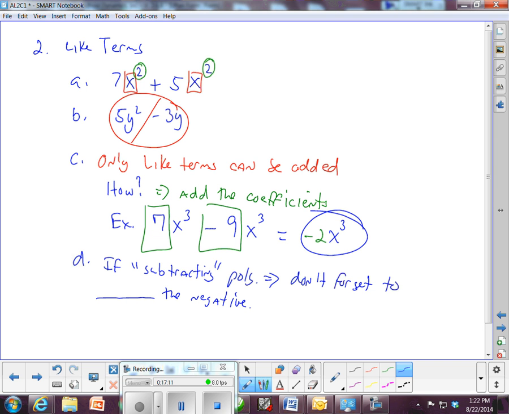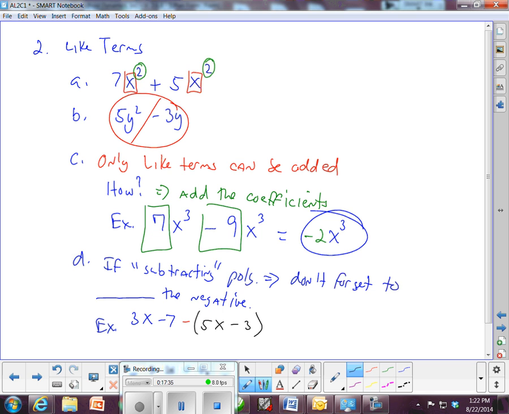Maybe you don't remember what goes in the blank. Let me show you by way of example. Let's suppose we had something like this: 3x minus 7, that's a binomial, and then minus, and here comes our second polynomial, 5x minus 3.